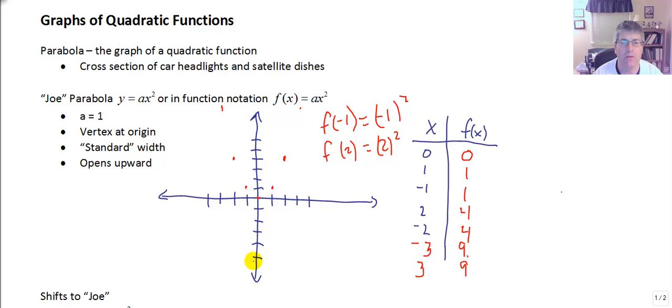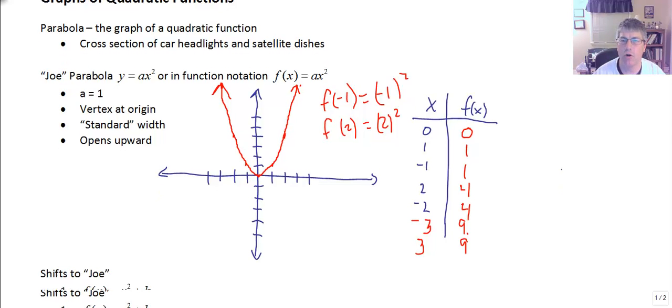And in Joe parabola, the y-axis is our axis of symmetry. So our graph is the same to the right of the axis of symmetry as it is to the left of the axis of symmetry. So there's a picture of Joe parabola.